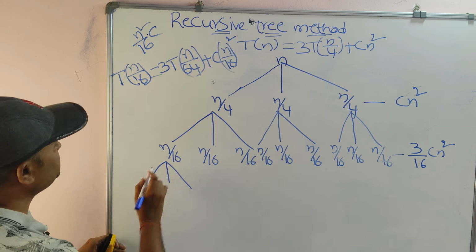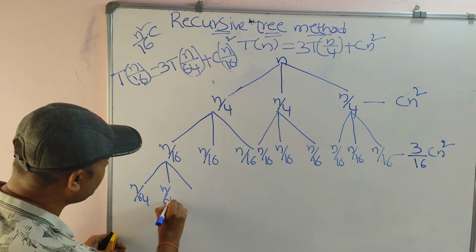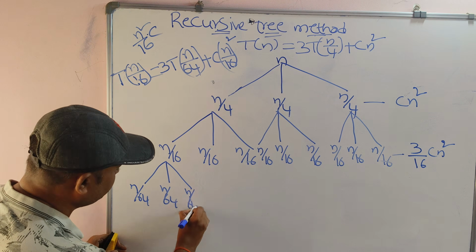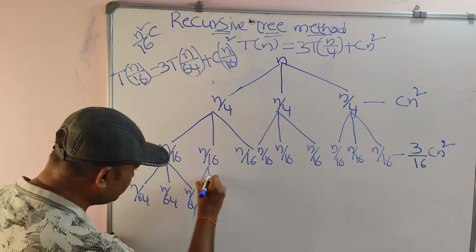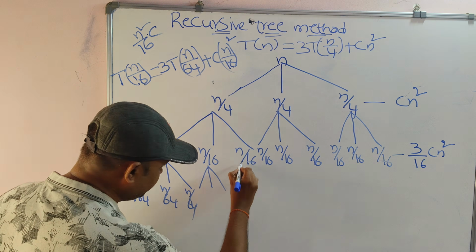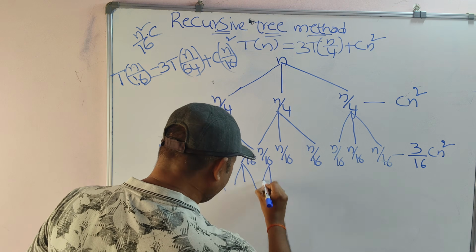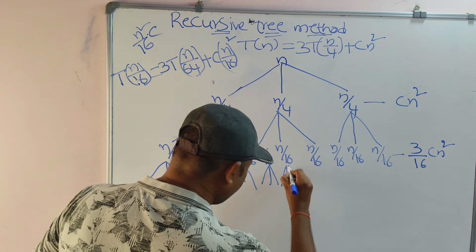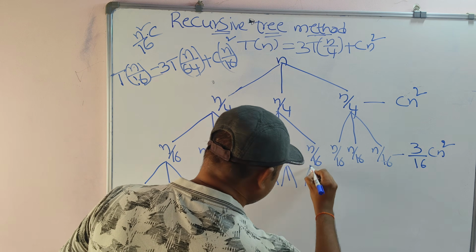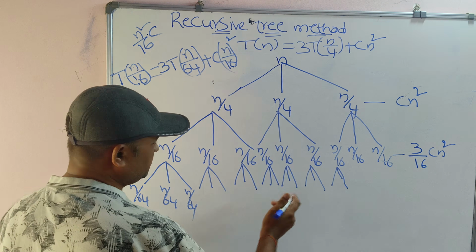So this n/16 will be divided into 3 parts where each part will contain n/64 elements. Again it will be divided into 3 parts, and likewise for the others. For space constraints, I am not writing n/64.